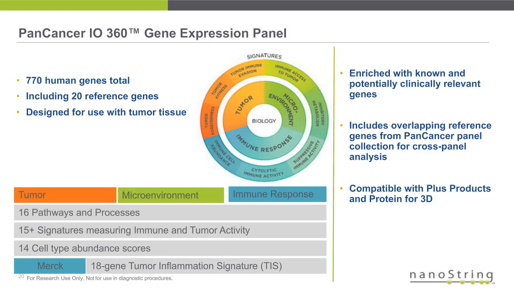And within this panel, we have specifically developed individual signatures and pathways to characterize the different biological activities that will allow researchers to very quickly understand and at a very deep level ask questions about the particular interactions between the immune system and the tumor that are being interrogated in this research setting.